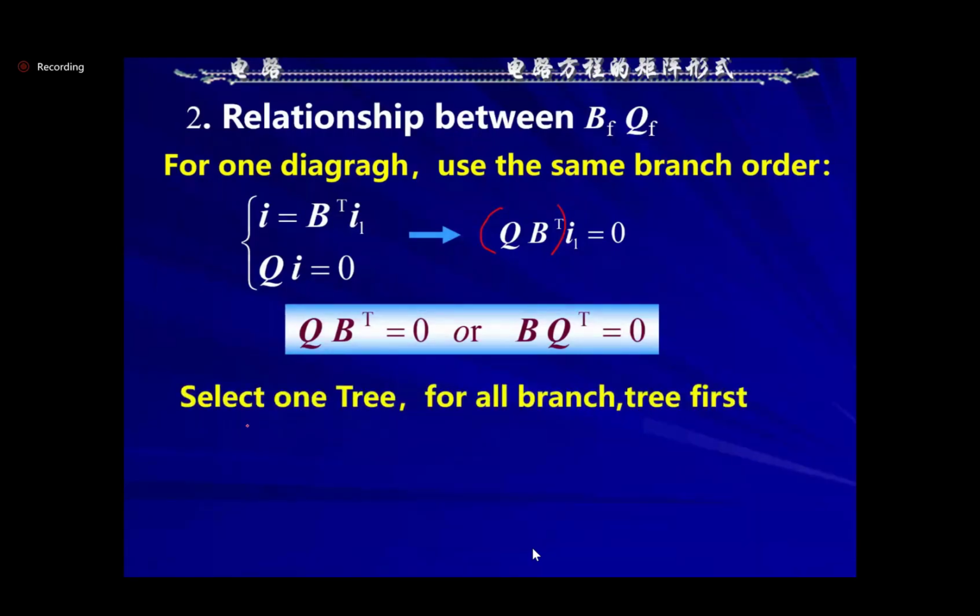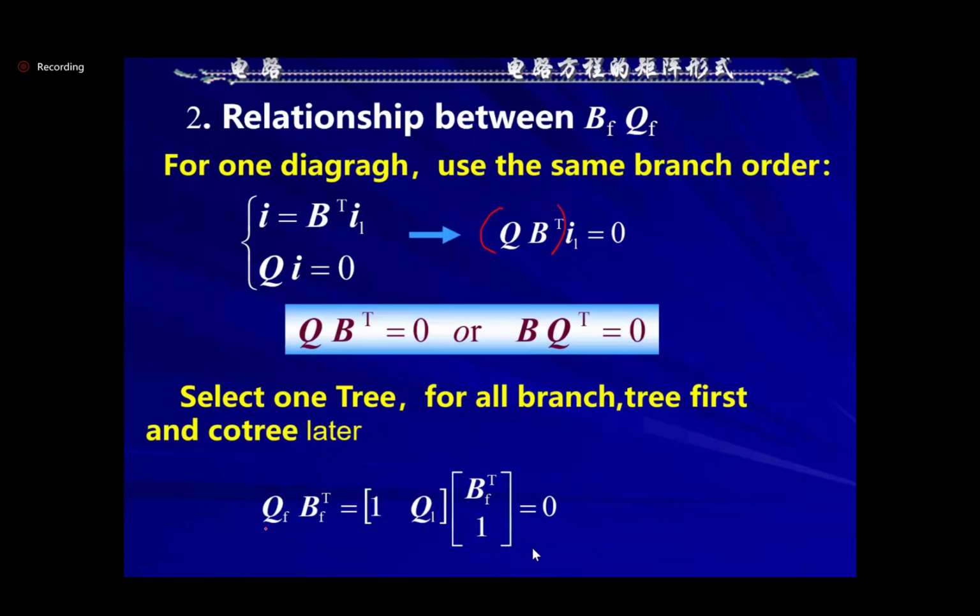When we select one tree for all branches, we put the tree first and the cotree later. This is the tree part, and this is the cotree part. Here is the unit matrix, and this is B transpose.